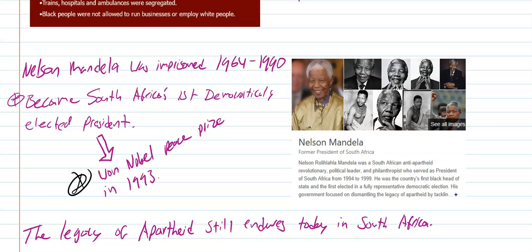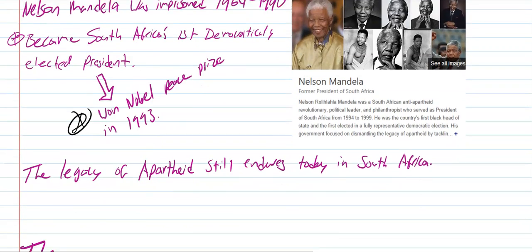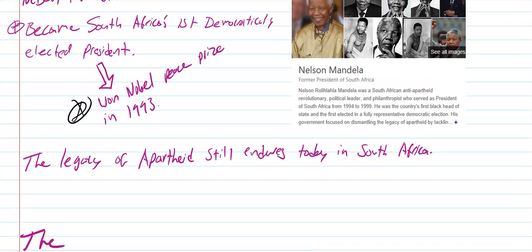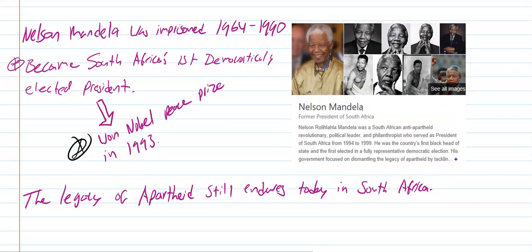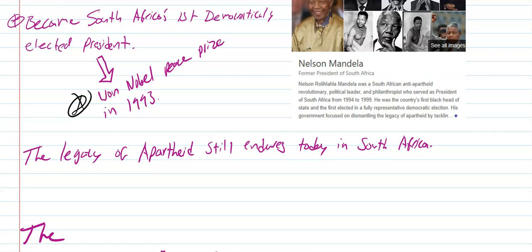It's also important to say that because of his efforts fighting for the rights of blacks in South Africa, he was arrested and held in jail for decades. I want to say it was close to 30 years off the top of my head before he was released, and then becomes the first democratically elected president of South Africa.